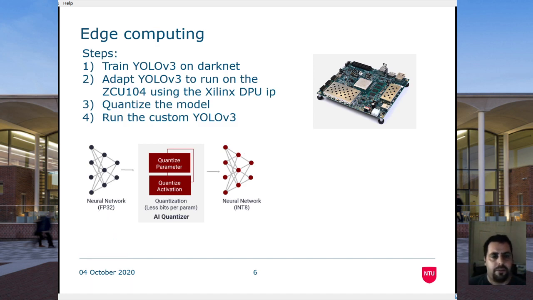So let's talk about edge computing. For performing edge computing, we need a multiprocessor system. This is basically a Xilinx UltraScale+, which on the same chip has a very powerful ARM A53 processor to allow us to run an operating system.